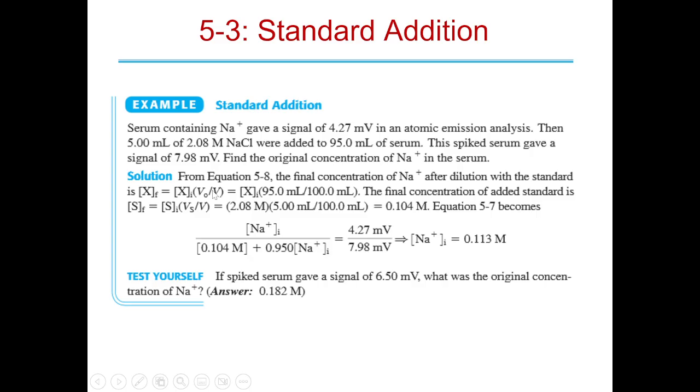It's just the same formula as you'd see like an M1V1 equals M2V2, right? Same sort of thing. The signal is proportional to the concentration, and so any increase in concentration gives you a similar increase in the signal.